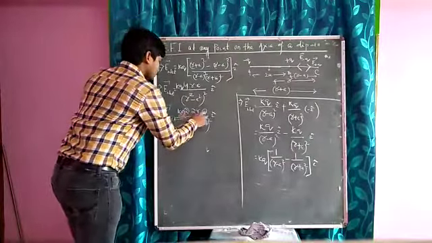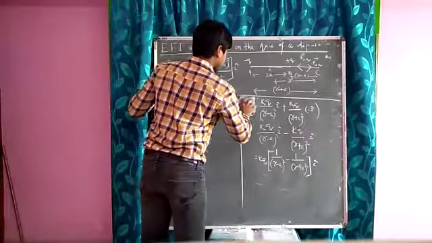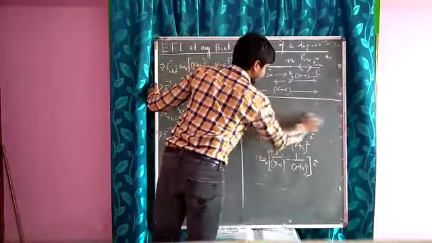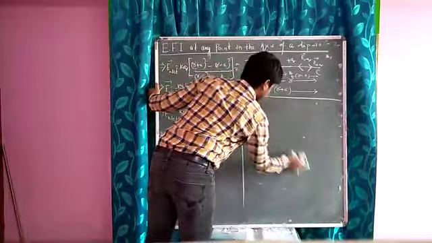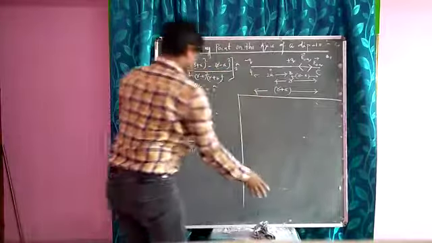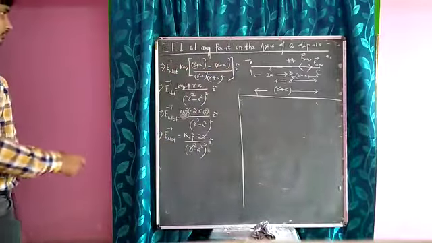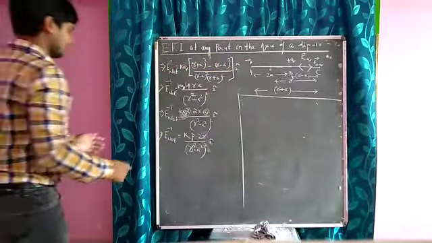Is it clear? Now you can see in the next step, I will put the condition. If our R is very much greater than A, that is known as the ideal dipole condition.